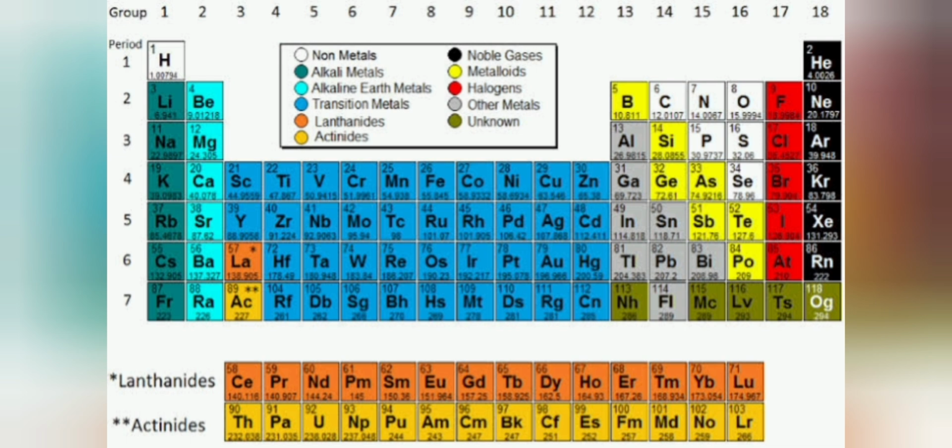In this periodic table, elements with similar properties are arranged in the same column, which is called a group, and elements with the same number of electron shells, these being the shells on which electrons revolve around the nucleus of an atom, are arranged in the same row, which is called a period.